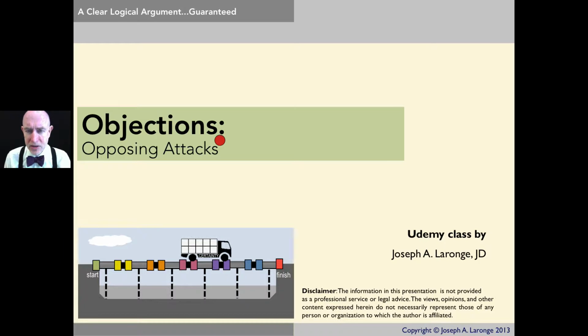An objection in argument is a claim that there's a problem with the logical line of reasoning that's under examination. And there's three types: opposing attacks, diverting attacks, and obstructing attacks. And in this segment, we're going to talk about opposing attacks.